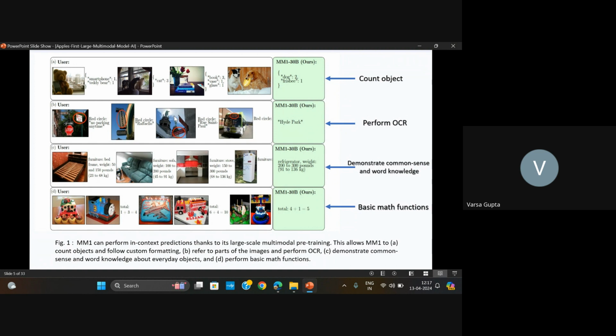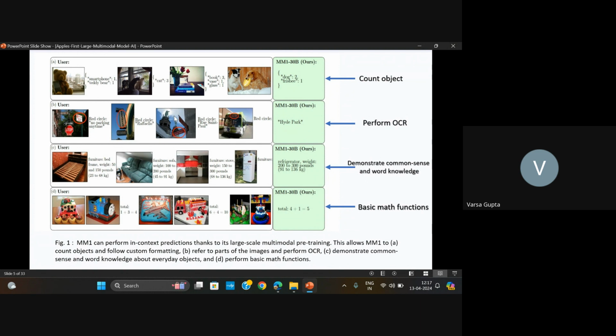In the first row of the image, there's a teddy bear and a smartphone. The user feeds the image, and the model accurately gives the response as a smartphone one and a teddy bear one.